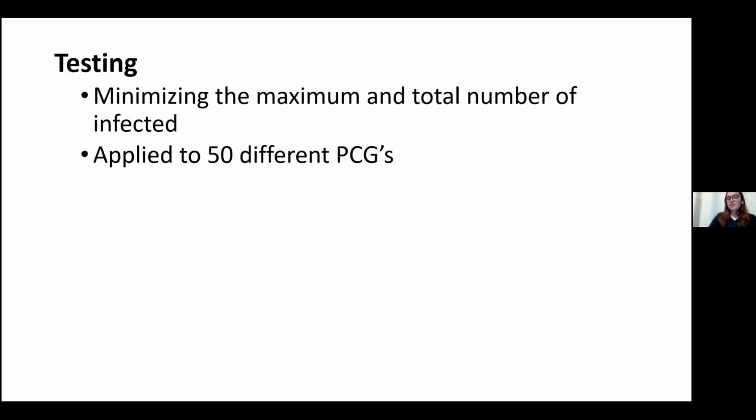So what we have done is perform 100 evolutionary searches on both the static and the dynamic graphs. With each candidate solution, we applied it to 50 different power law cluster graphs, because we wanted to be sure that the strategies we come up with are not efficient for only one graph.